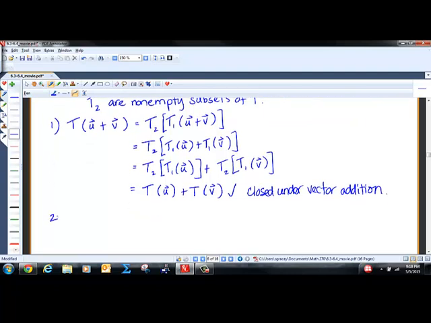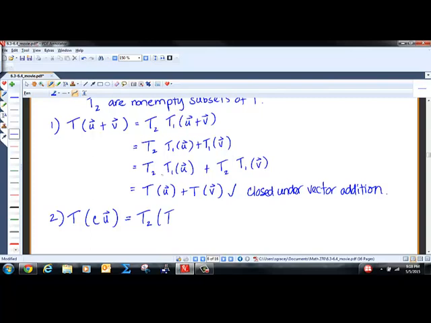Okay, so now C is any scalar. With this guy we need to show that T at C times u, we'll just use u, and we need to see what we get for this guy. So this would be T2 at, I don't like the brackets. I'm not going to use the brackets. I think it makes it more confusing.